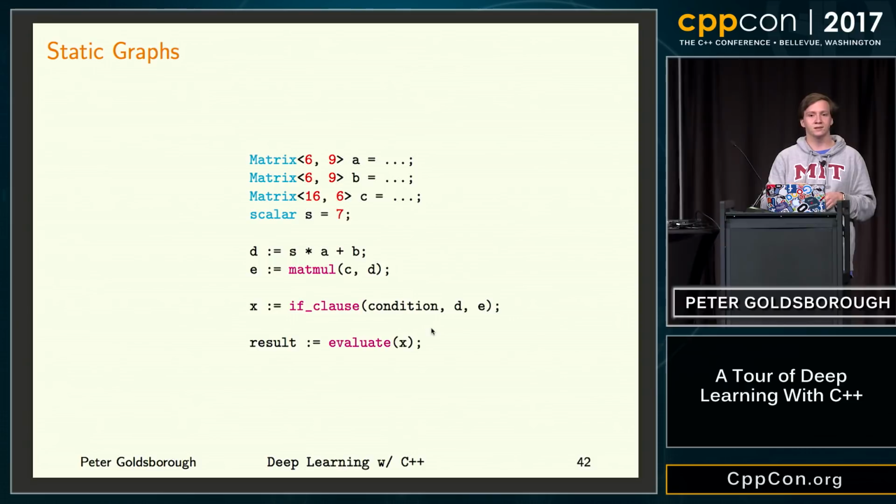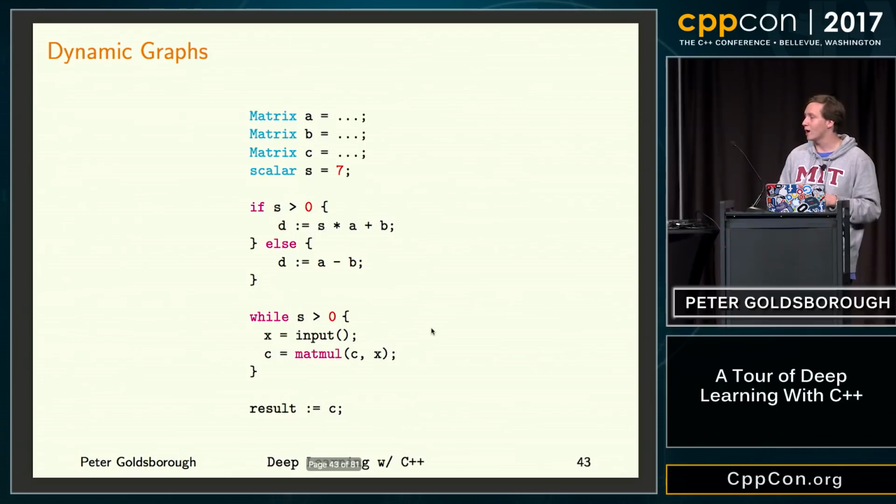And the other thing that this means is that you usually have some kind of evaluate function, which takes a computation graph and then, for example, distributes it across lots of machines, across lots of devices, and then actually computes the output value. So this is the first time you actually get a real output value.